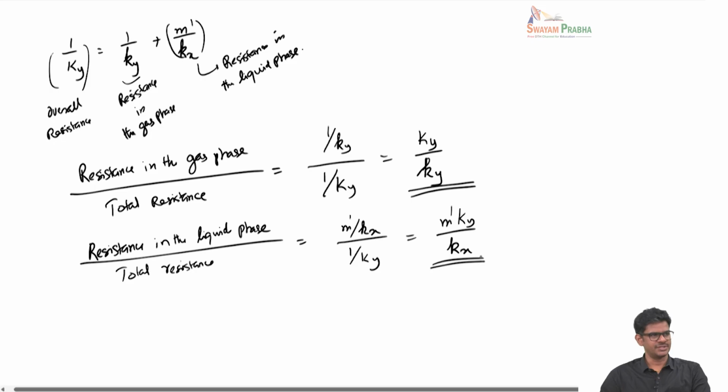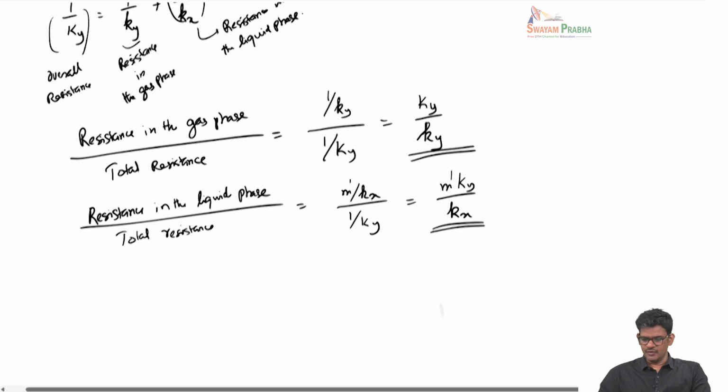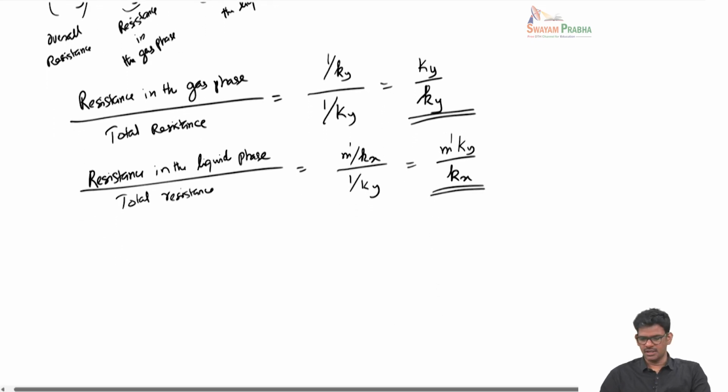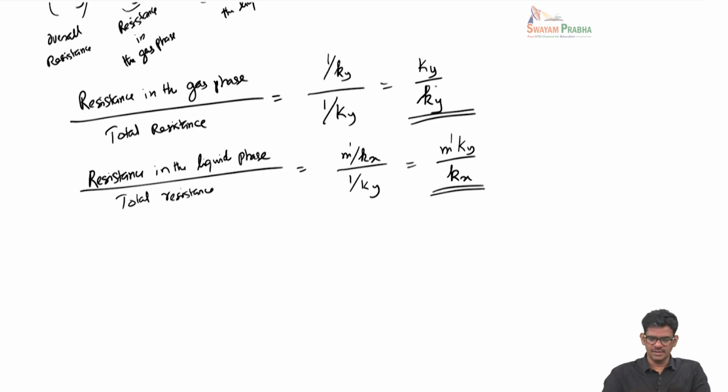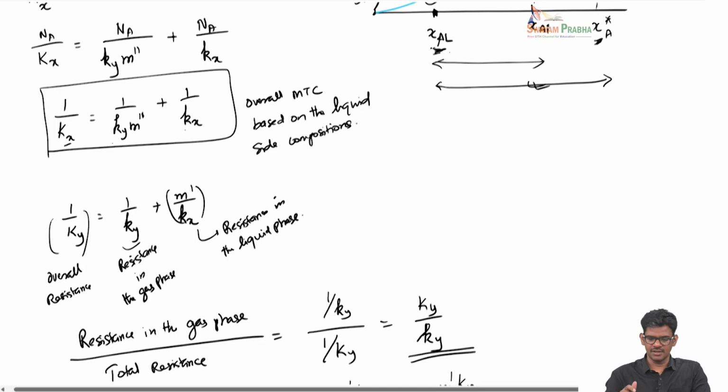Okay, this will be in fractions, and you can assess which resistance is dominating. This is based on capital Ky. You can do the same thing with the liquid phase overall mass transfer coefficient also.